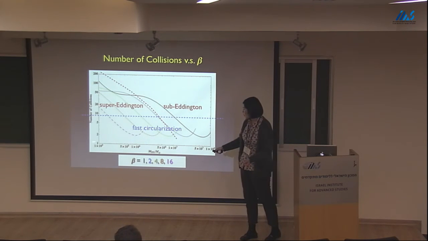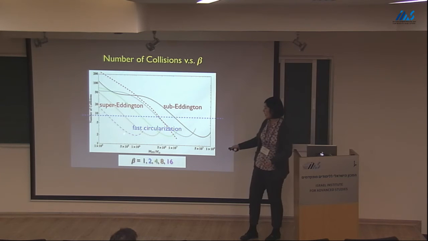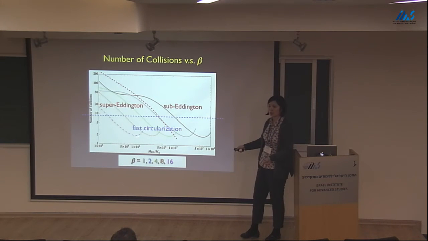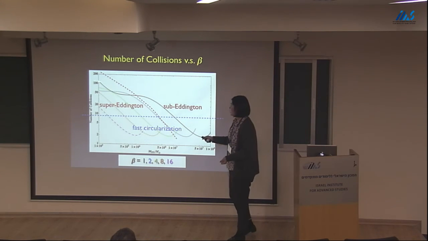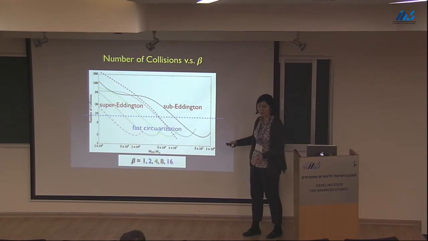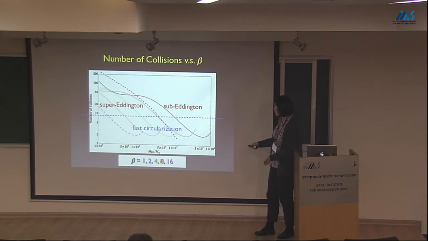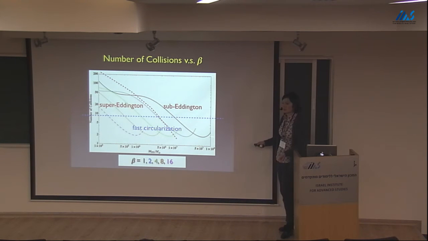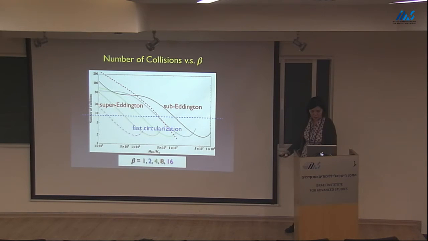So for example, for 10^5 solar mass black holes, no matter how slow the circularization is, the accretion is going to be super-Eddington. For a few times 10^6 to 10^7, it depends on the beta parameter. And for very massive black holes beyond 10^7 solar masses, everything is sub-Eddington, even if the circularization happens very, very fast.